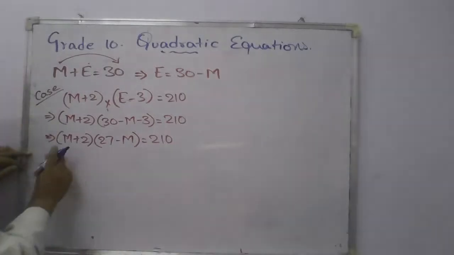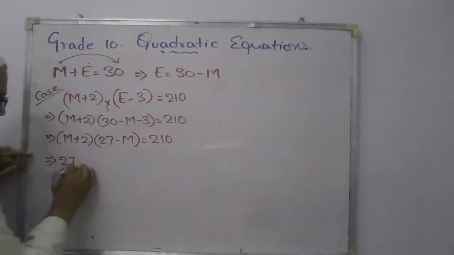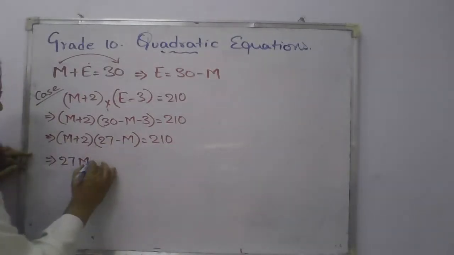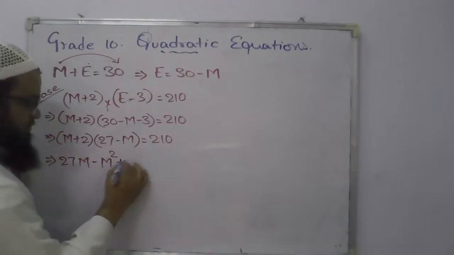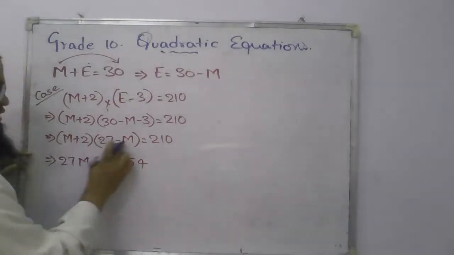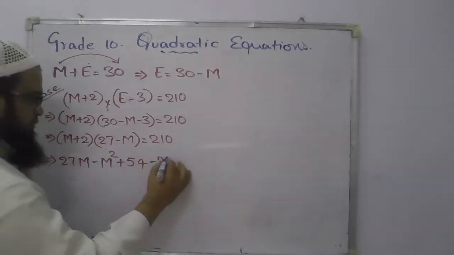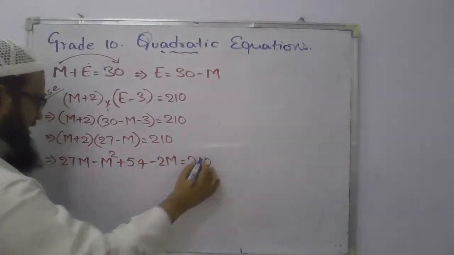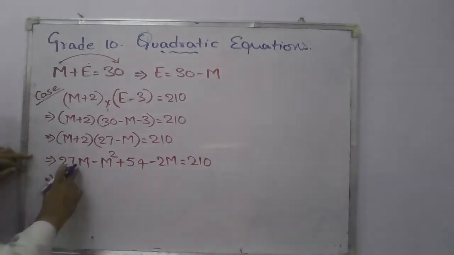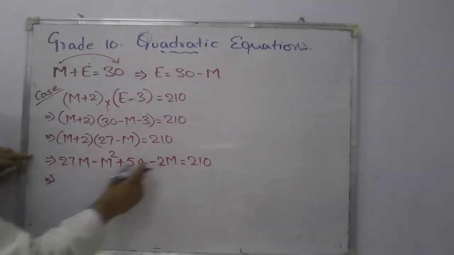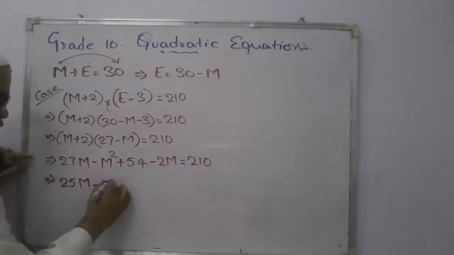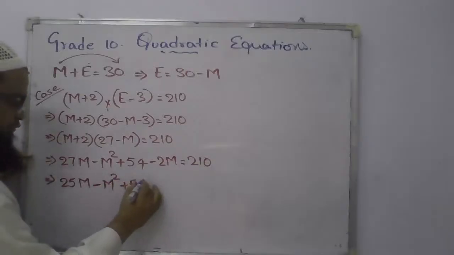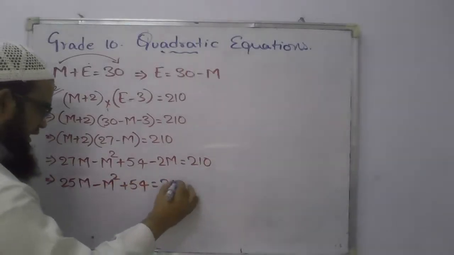So that equals M into 27, 27M, M into minus M, minus M square, 2 into 27 plus 54, 2 into minus M, minus 2M is equal to 210. So that implies 27M minus 2M, 25M minus M square plus 54 equals 210.